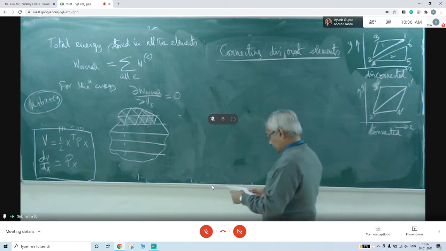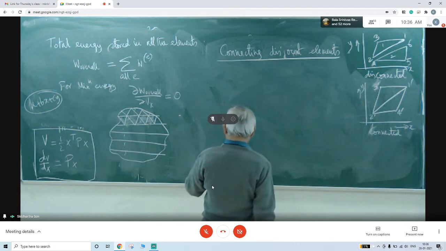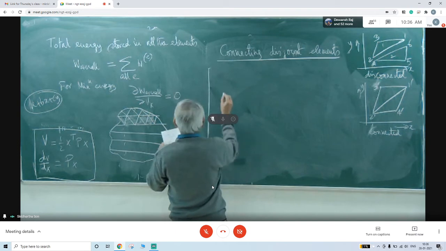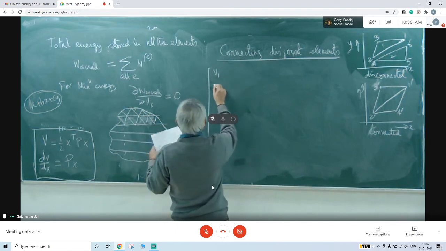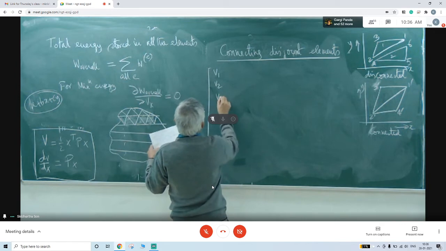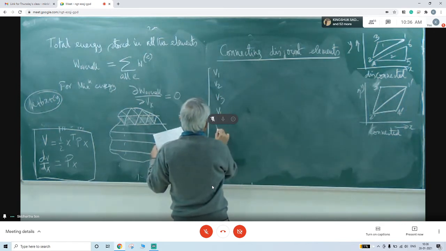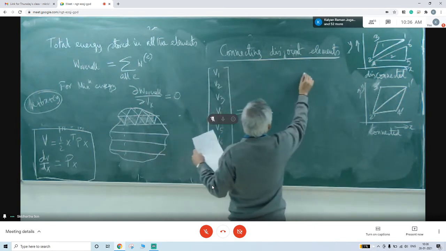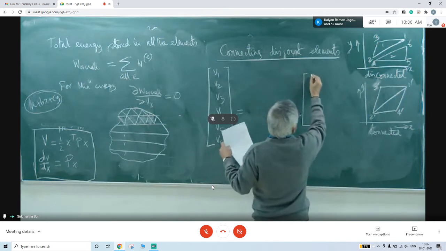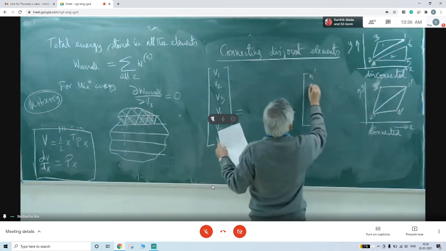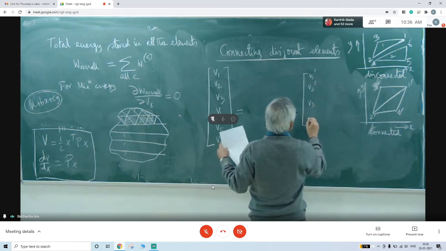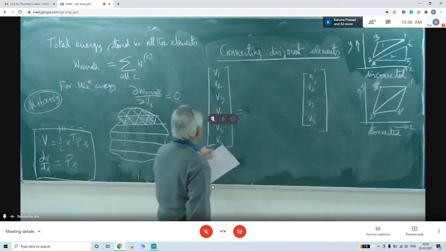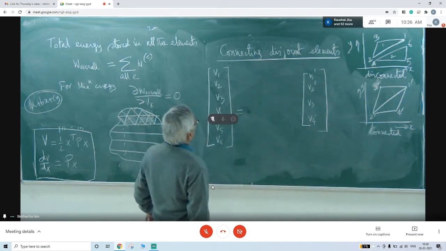So what we have is that I can say these expressions are equal to V1, V2, V3, V4, V5, V6. I can relate it to these points: V1 dashed, V2 dashed, V3 dashed, V4 dashed here. That means the right hand side is the connected one and the left hand side is the disconnected one.